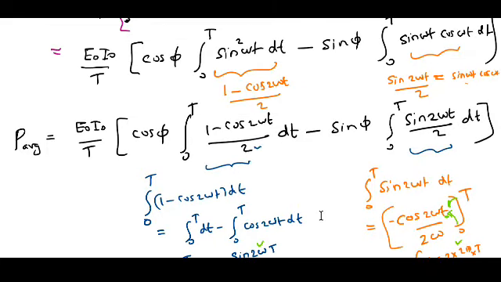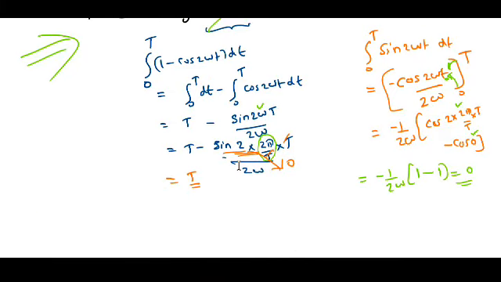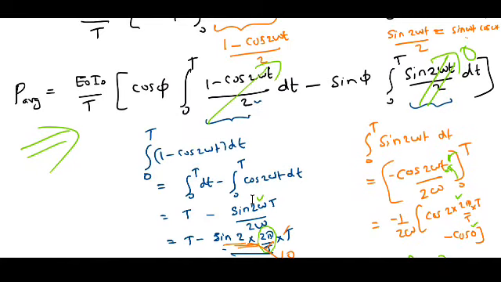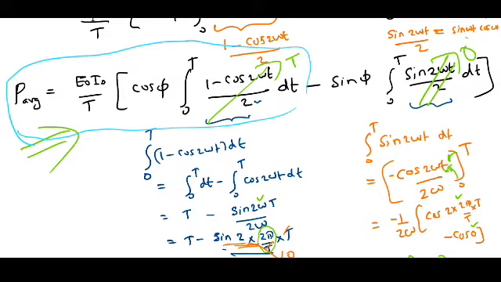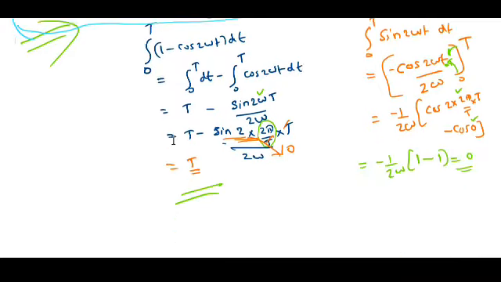That is, if you come back to this integral, this P average, this term goes to 0, and this term gives the answer, that is T. Fine, this is the value T. Now we are left with this term only, that I will write in the next step.